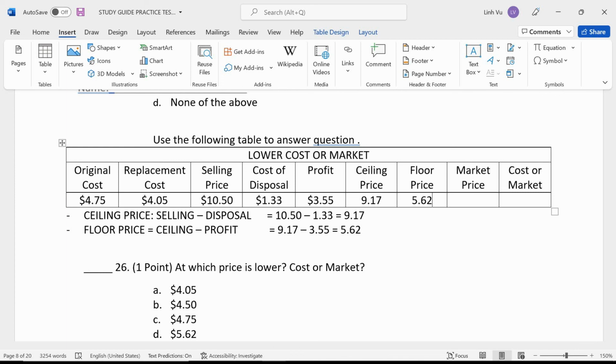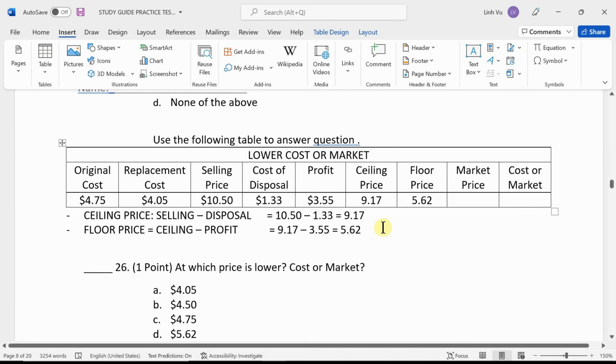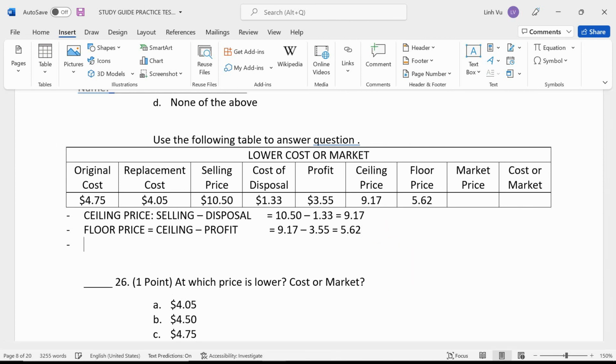Okay. So now I need to determine what the market is. Market is a comparison between three numbers. So it would be $5.62, yes, because you're going to compare your three numbers to see which goes in the middle. So we're going to put them in numerical order.